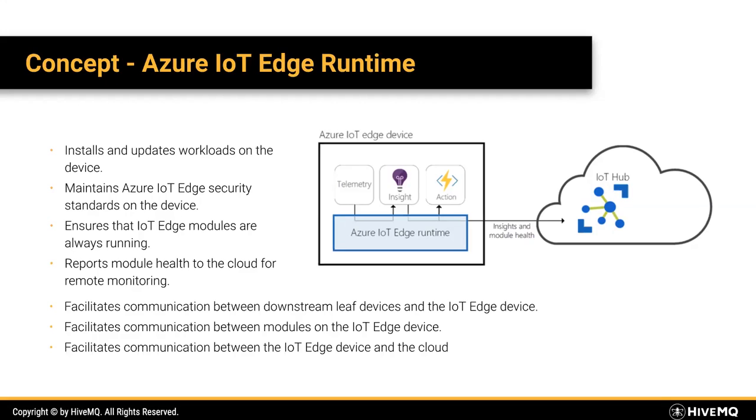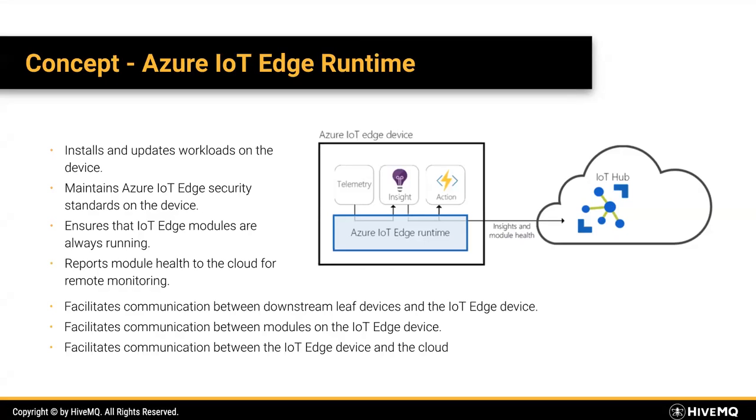Now, on the other side of this story, what we will cover today is also how you can leverage HiveMQ as the MQTT broker to be the communication point, not only between your machines that are sitting, let's say, outside of the Edge gateway device, but also the central and internal communication point between the different workloads that are deployed on Azure IoT Edge.